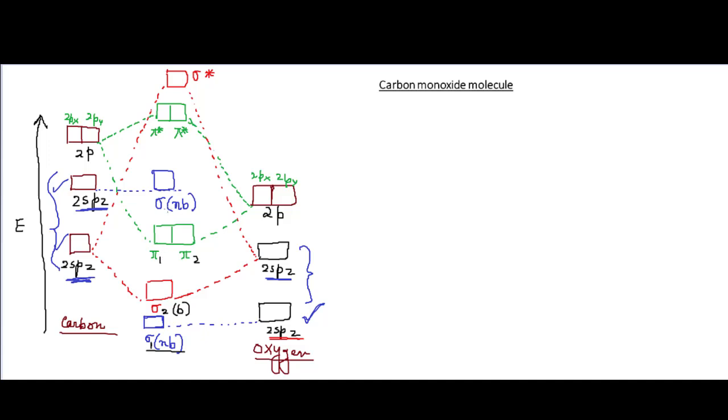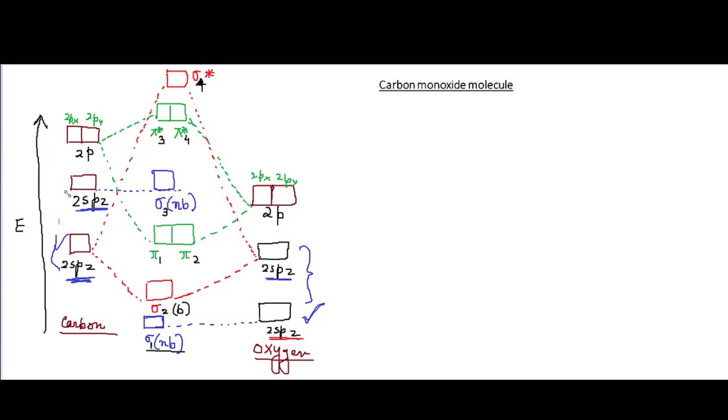Then sigma 3 non-bonding, then pi 3 and pi 4, pi star 3 and pi star 4, and lastly sigma 4 anti-bonding. So we name them in the sequence of their appearance energetically. This is the molecular orbital picture of the carbon monoxide molecule.